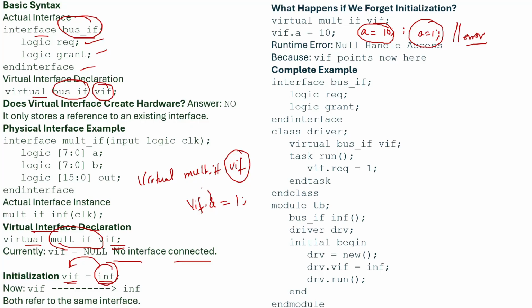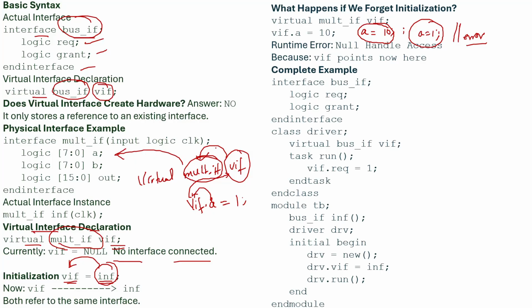This A will be pointing to the virtual interface, then the virtual interface pointing to the multiple interface. So this multiple interface is pointing to this physical interface. Backward, back tracing. Virtual interface to signal, to virtual interface, to physical interface, and physical interface to inside the signals, whatever the signals you mentioned in your physical interface, those signals will be getting.